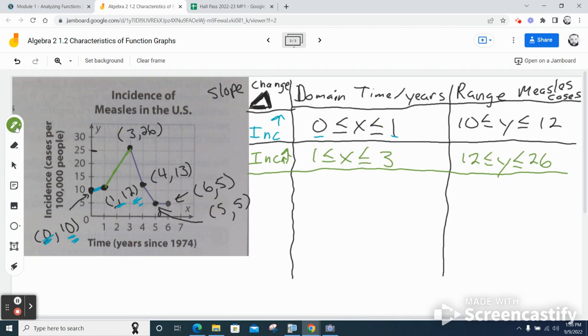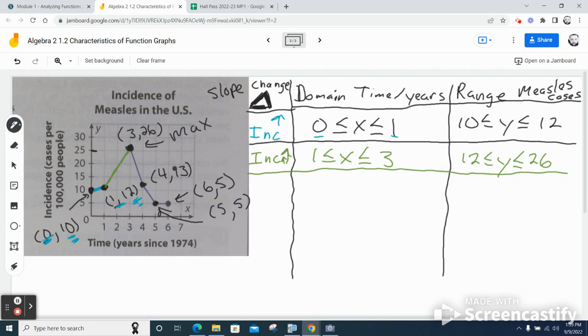Now, what do you notice? There's one other thing I want to label at this point right here. This is called the maximum. It's the highest value on the graph. It's the peak of the mountain. You don't get any higher than that. Does that make sense? So if I were to ask you guys, hey, what's the maximum?